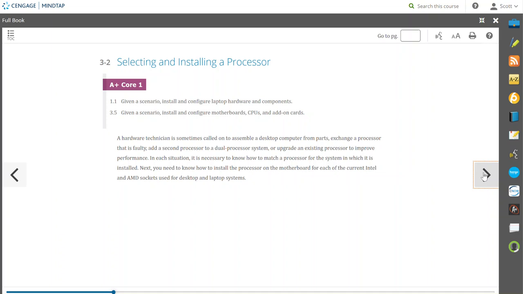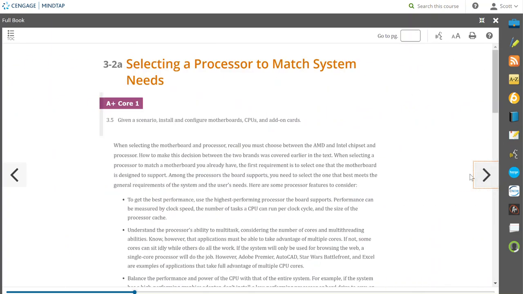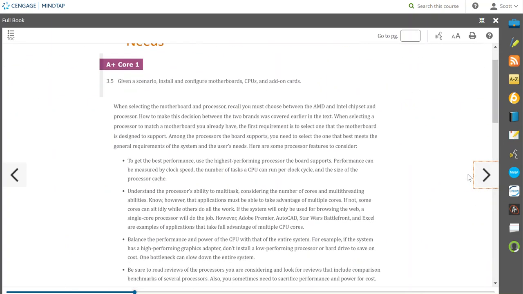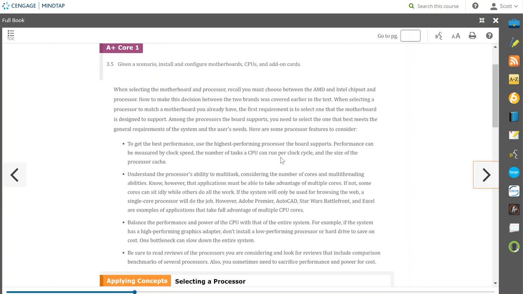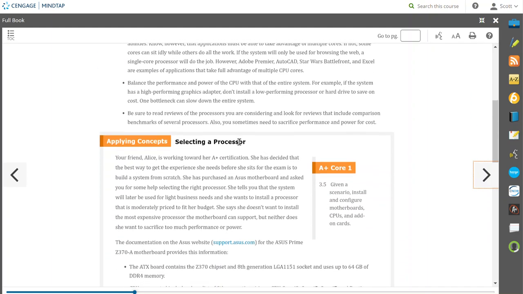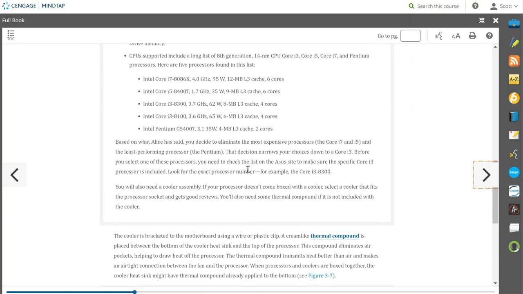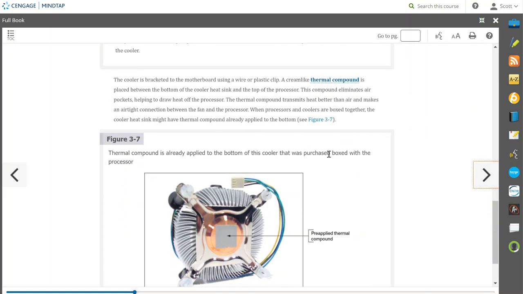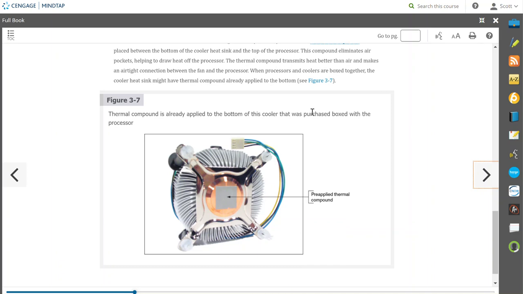Are we looking at 32-bit or 64-bit? Chipset that it's going to have to work with. Okay. So there's a step-by-step scenario you go through to pick a given chipset, or pick a given processor for a given chipset.